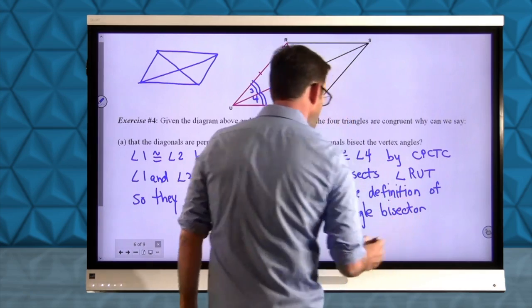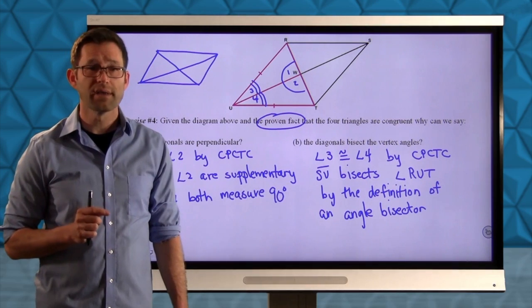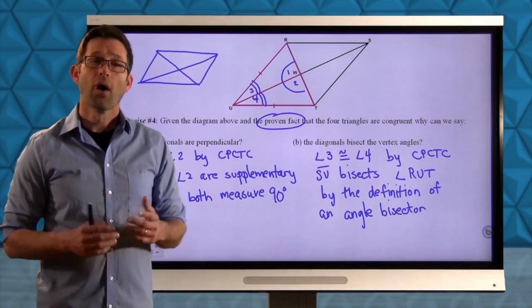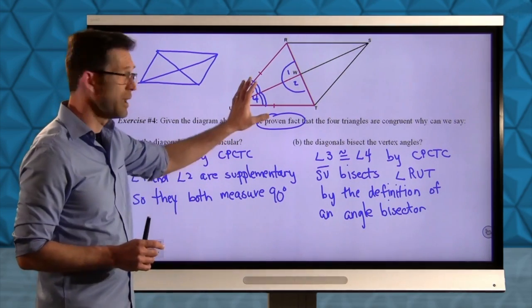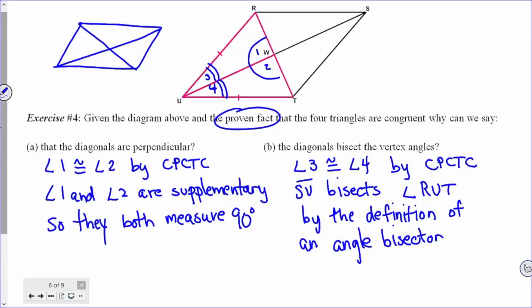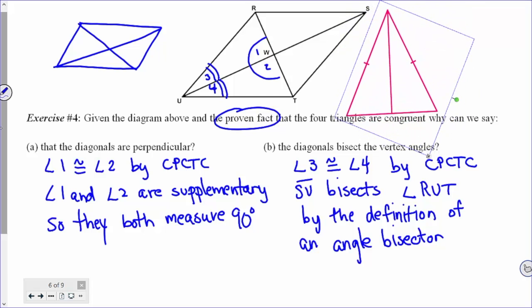All right. Now these two properties, the perpendicularity of the diagonals and the fact that they bisect the angles of the rhombus, are things that you're going to want to memorize. One thing that's helpful is to realize that what you've really got in those two right triangles is an isosceles triangle.